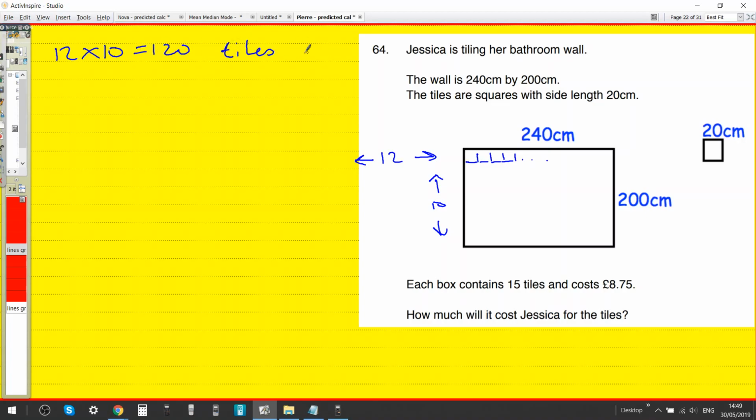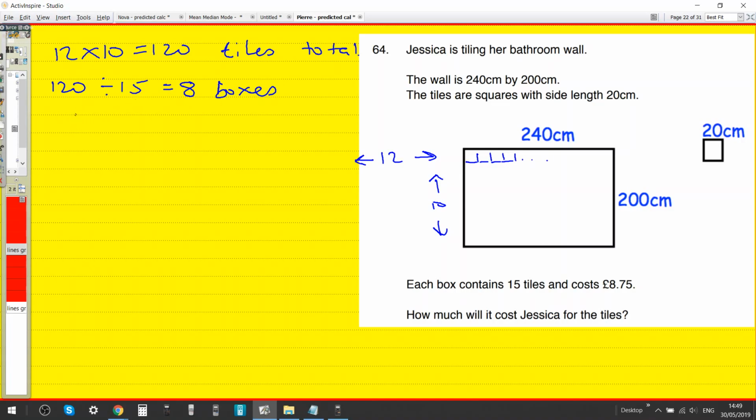And it says that each box contains 15 tiles. So 120 divided by 15 is 8, so we need 8 boxes.